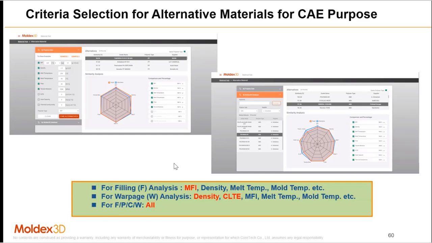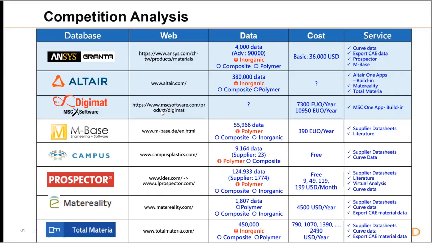You just want to find some substitution material. Then you can also use these functions and choose different criteria to help you check the substitution material for your target material.